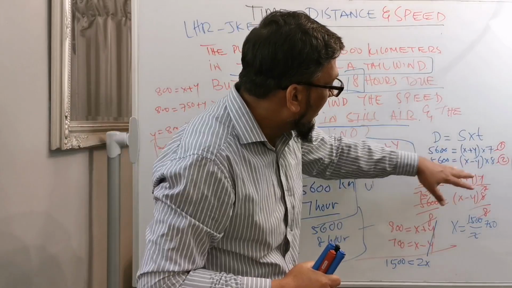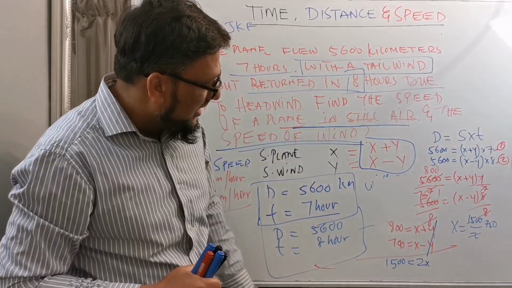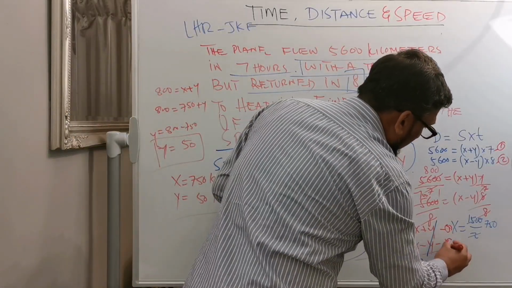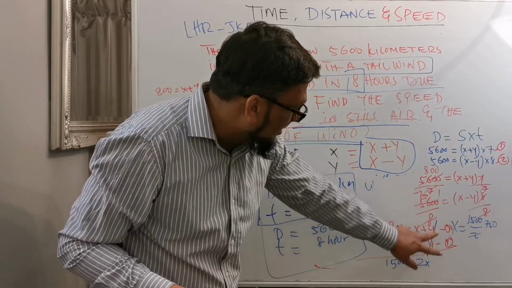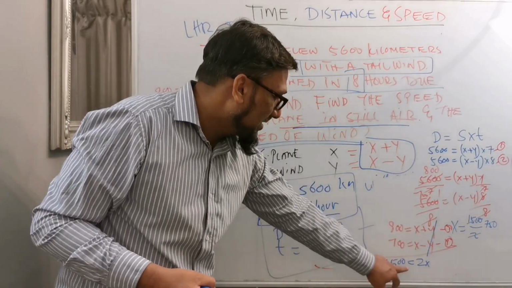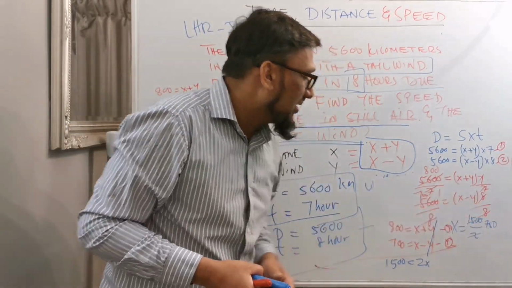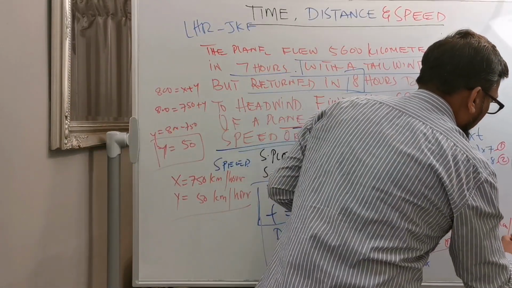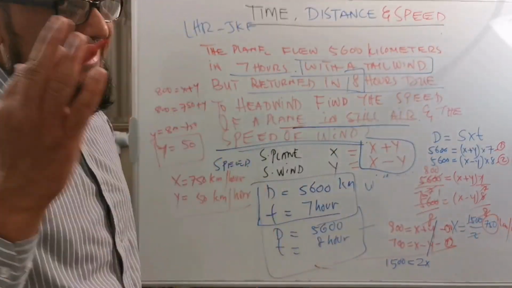And then I simplify this to get these two final equations, equation number 3 and equation number 4. And I just add these two equations to cancel the plus y and minus y to get 2x equal to 1500. So it means the value of x is 750 kilometer per hour. This is the speed of a plane in still air.